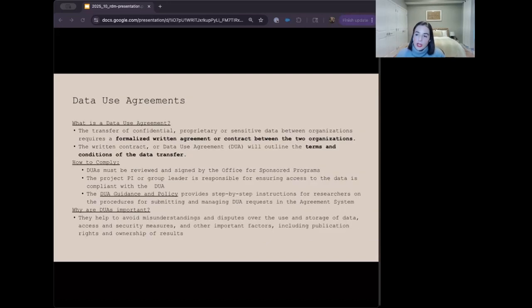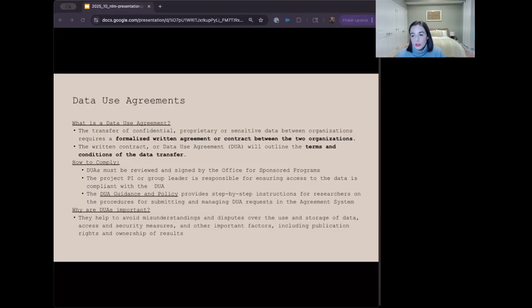You may also be required to follow a DUA, or a data use agreement, in order to acquire data sets. A data use agreement is a binding contract that governs the access and treatment of non-public data. So they're often required by external parties before they permit you to use their data or for their data to be received by Harvard. It also might be necessary if you're sharing Harvard data to another organization.